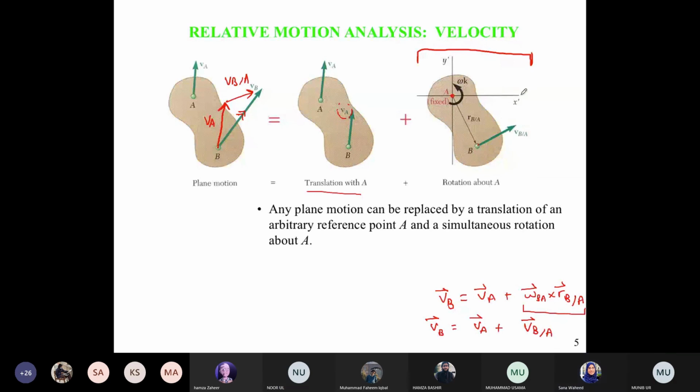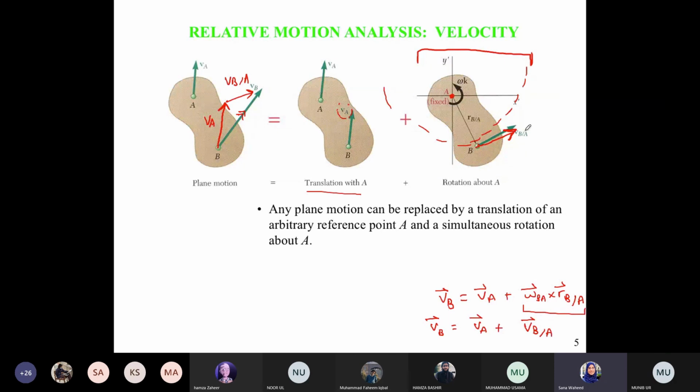So B is going to be moving about A in a circular path. मतलब ये कि उसकी velocity की जो direction है, that is of course going to be tangential to that circular path, right? तो velocity tangential, और ये क्या है, ये VB with respect to A है, the relative velocity.